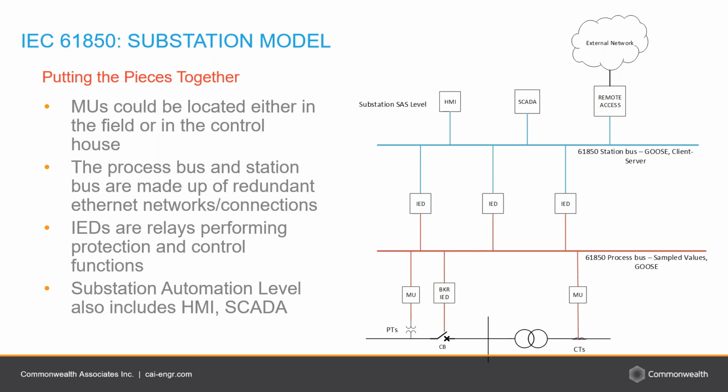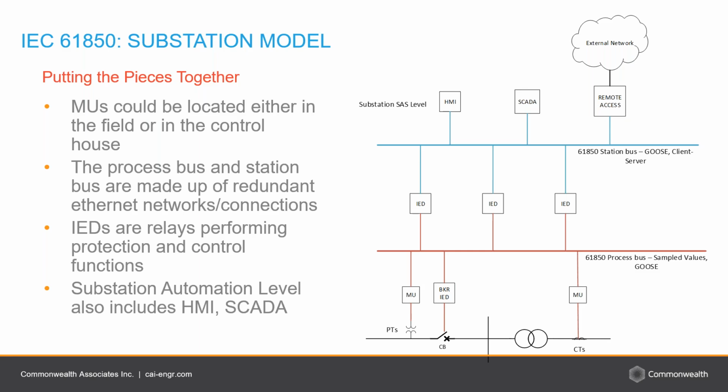The protocols that are normally used on the process bus are the Sampled Values protocol to transfer the digitized power system signals, and also GOOSE protocols to transfer the event messages and protection and control related signals.